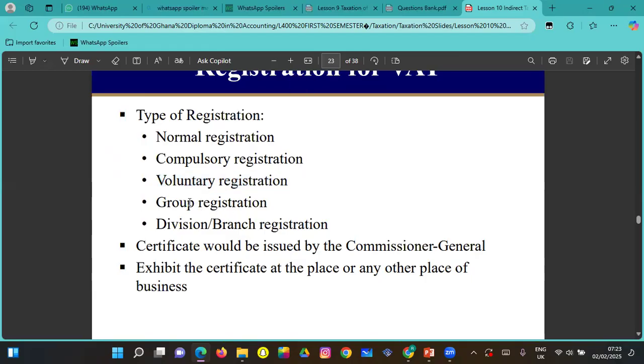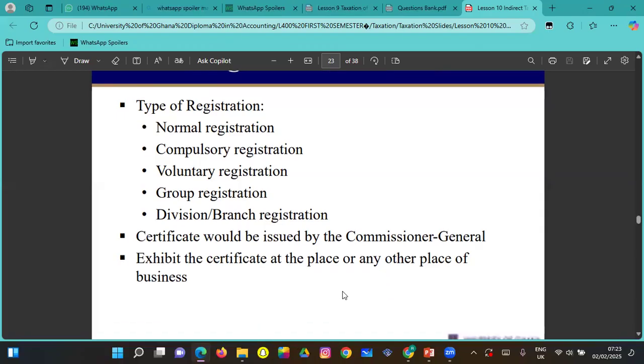And also when a group tries to combine, maybe each person is not reaching that threshold, but they come together and then reach that threshold and they go and register. And also we have the division or branch registration. So certificates will be issued by the Commissioner General when they register, and then exhibit the certificate at a place or any other place of business.